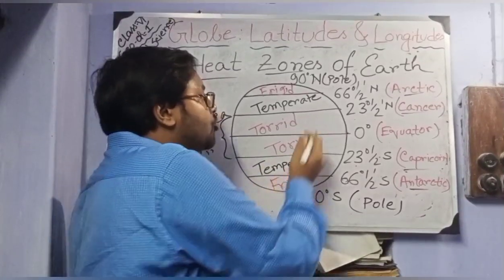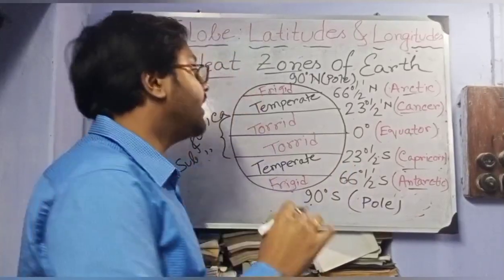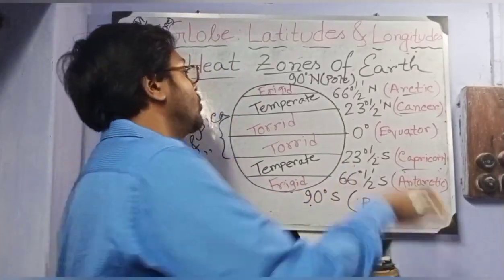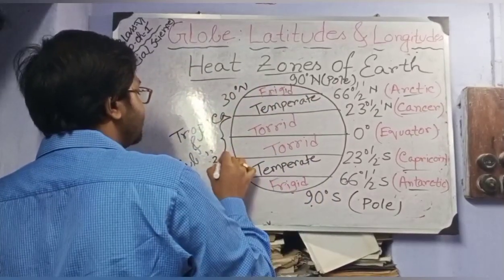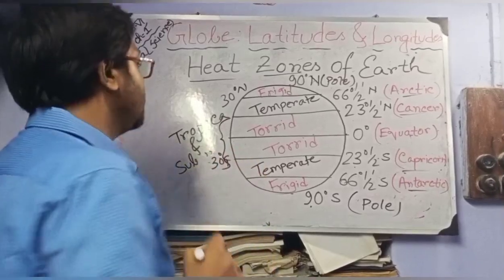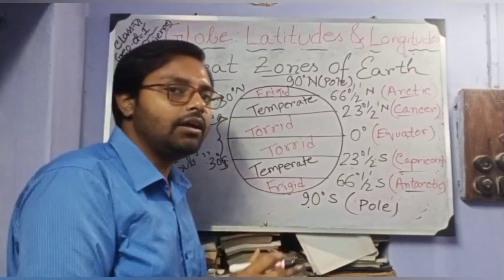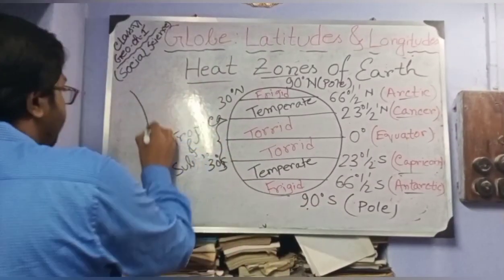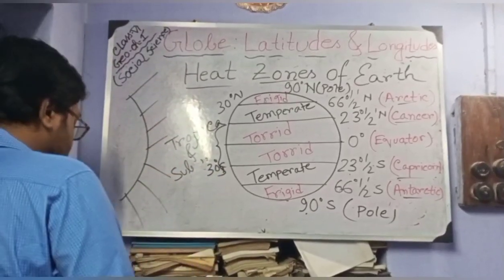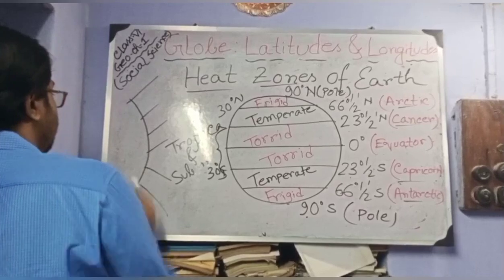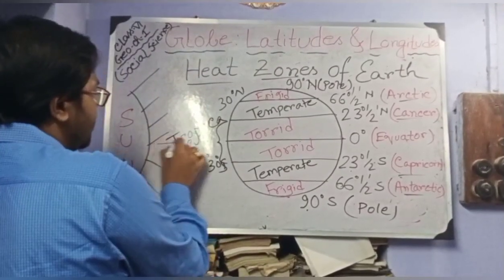So between 23 degree half minute north to 23 degree half minute south, or it may be extended up to 30 degree north and 30 degree south, here the sun rays fall directly.